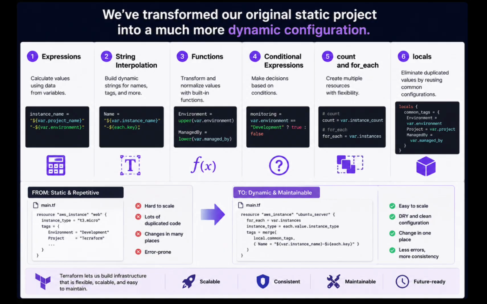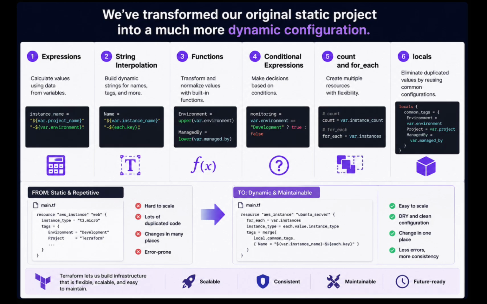We've now transformed our original static project into a much more dynamic configuration. We used expressions to calculate values, string interpolation to build names, functions to transform data, conditional expressions to make decisions, count and for_each to create multiple resources, and locals to eliminate duplicated values.